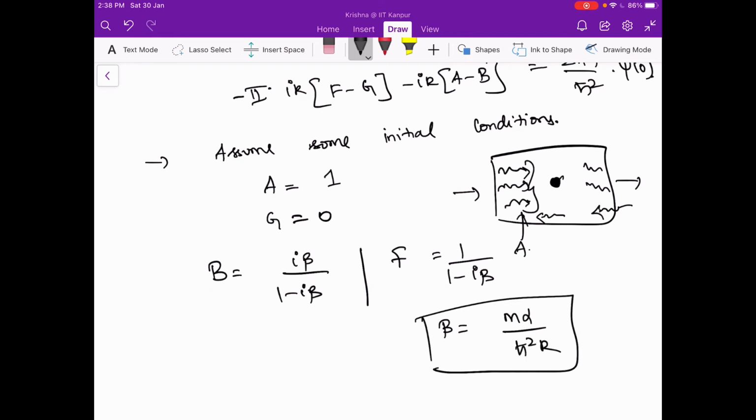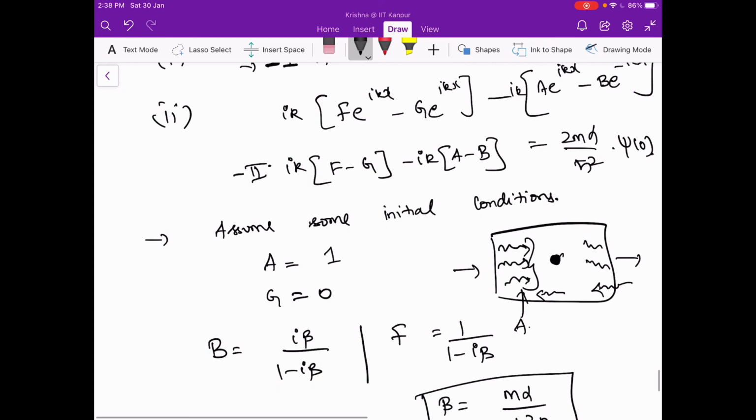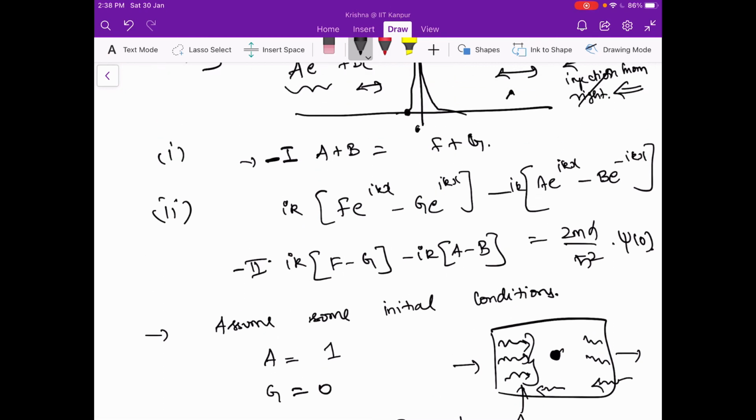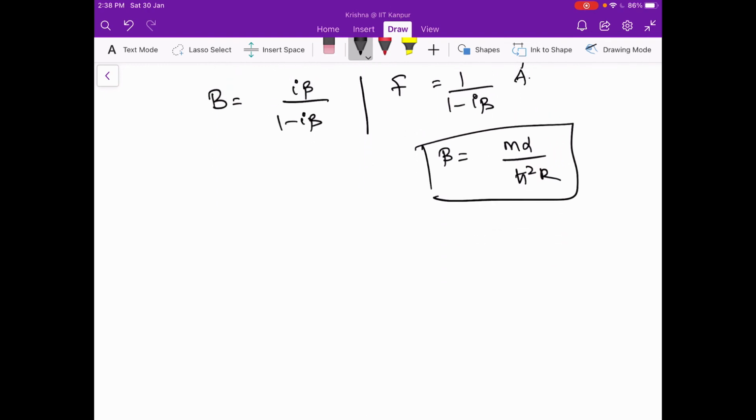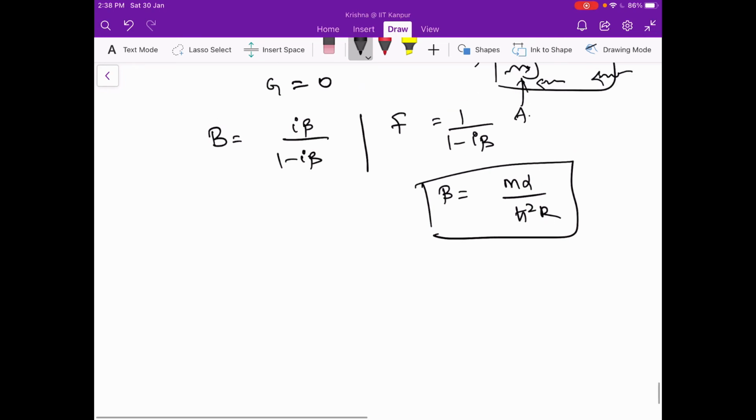Obviously these two equations are not very difficult to solve, right? If a is 1 and g is 0, you can see that a + b should be equal to f, and here you can do the same thing. So we will have two equations and three unknowns. We can represent the other two unknowns as a function of the third unknown.